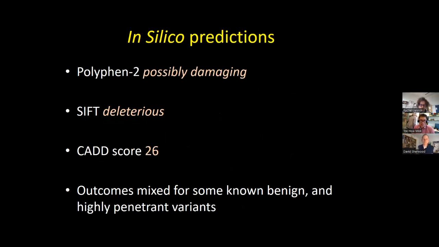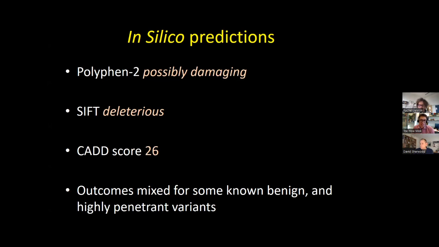But then, another way of looking at whether a variant is likely to be penetrant or pathogenic is to look at the in silico predictions. So we put it through 3 well-known tools, and it came out that PolyPhen-2 thought it was possibly damaging, SIFT thought it was deleterious, and the CADD score was 26, which ranks it within the top 1% of pathogenic variants.